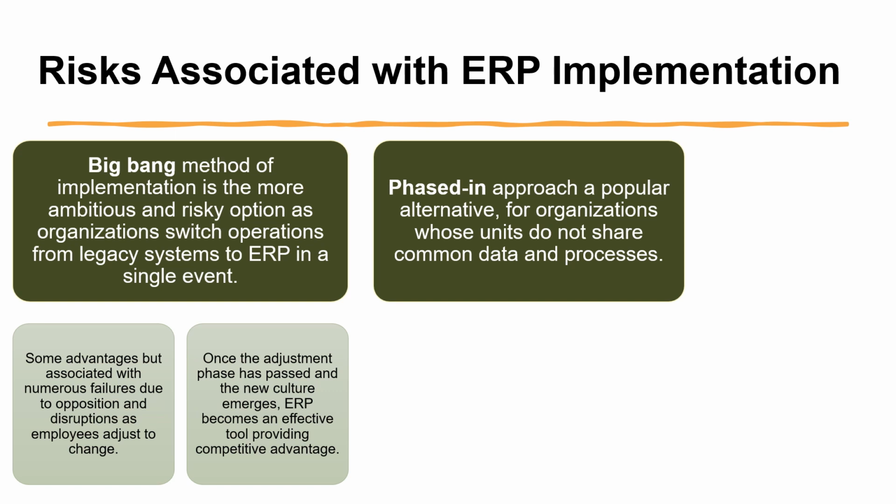So the second method or approach is the phased-in approach. It is a popular alternative to Big Bang for organizations whose units do not share common data and processes. So phase by phase, changing or switching from the legacy operation system into the ARB system.